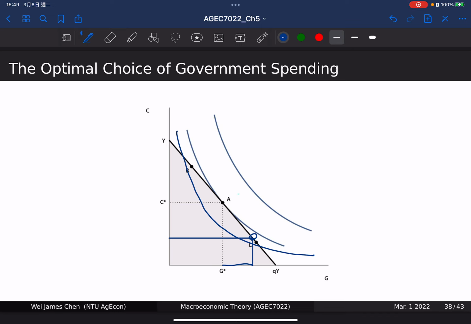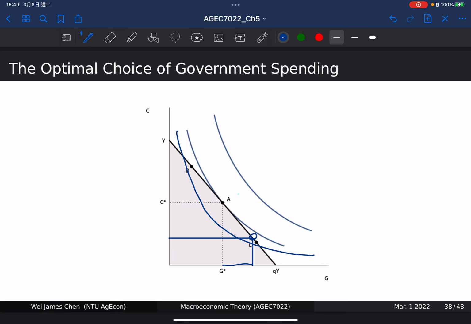Okay, remember in our baseline model, we don't need the government to know anything about the consumer, right? The government only decides how much they need to spend on G, which decides the lump sum tax, and the lump sum tax will be an exogenous variable that decides how much, but the person still has the choice between consumption and leisure, right?